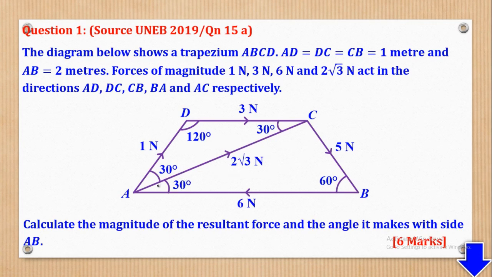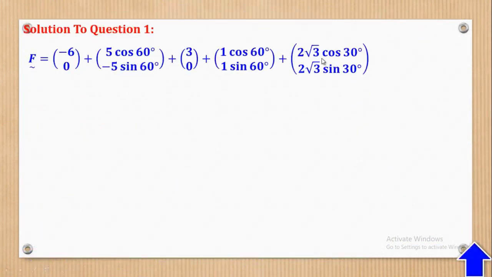If I want to move from point A to point C, horizontally it will be to the right, which is positive, and vertically it will be upwards, which is also positive. So that explains why both were positive here.